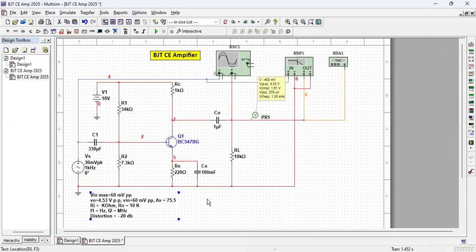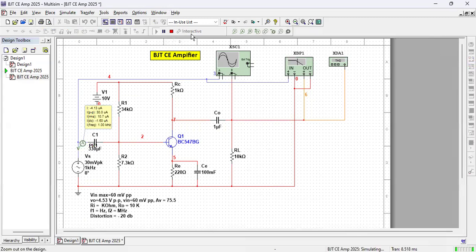So this probe now we remove. We don't need this probe anymore. We measure the input impedance and the output impedance. Output impedance is 10 kilo ohm because we have deliberately connected a 10 kilo ohm. So output impedance I have written 10 kilo ohm. What is the input impedance? What is the input current from here?